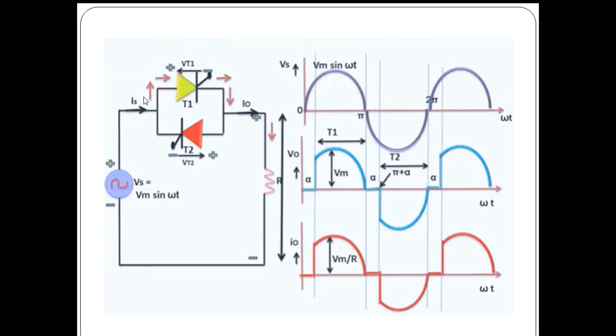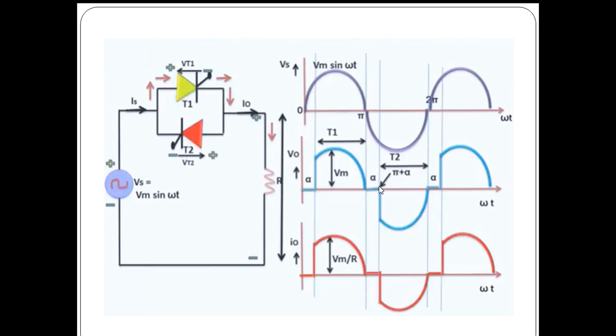The negative terminal will be connected to P type layer of thyristor T1, so T1 is off. The supply negative terminal is connected to the N type layer of thyristor T2, so T2 will conduct. Positive goes through the load, again connected to the P type layer of thyristor T2, and then the N terminal is connected to supply negative. So T2 will be in forward blocking mode.